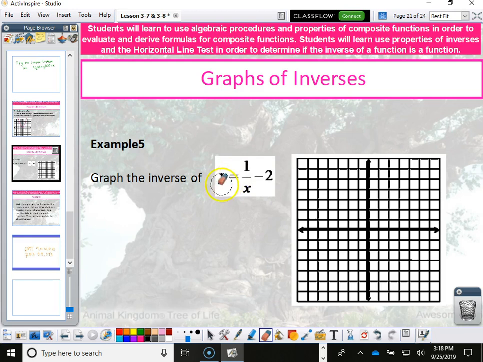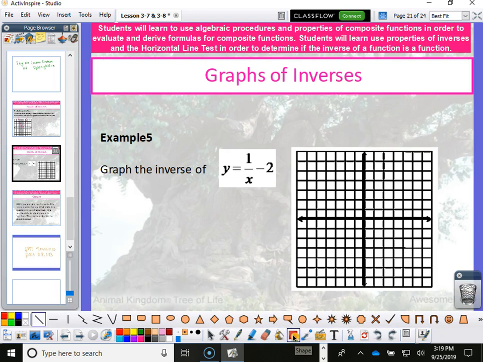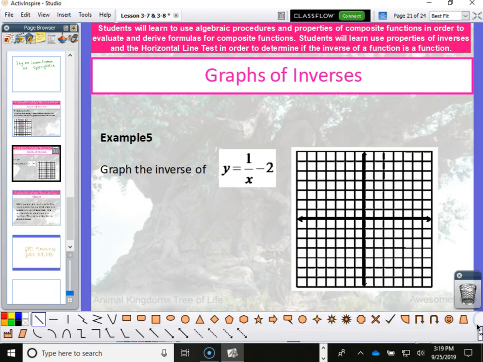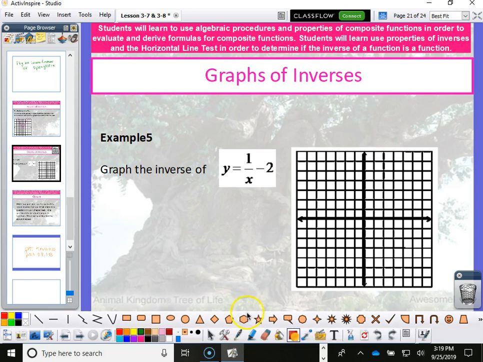So here it's asking us to graph the inverse. Well, if we graph the inverse, we could start by graphing the original function. We're going to have an asymptote at x equals 0, right? Because x can't be 0, so we're going to have an asymptote there.